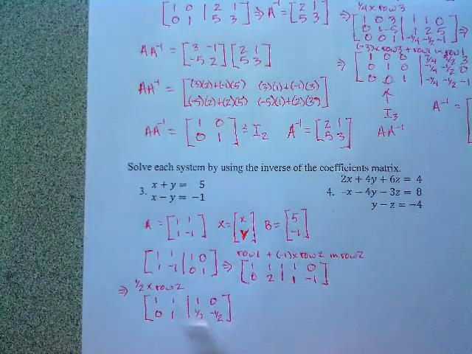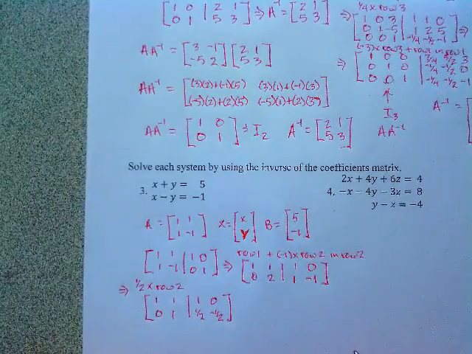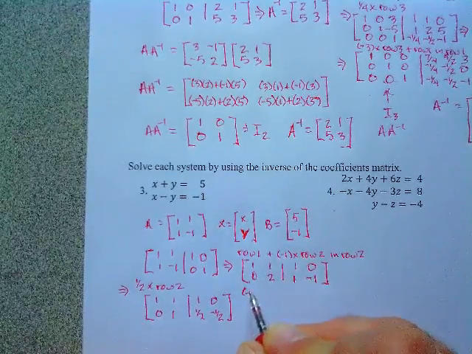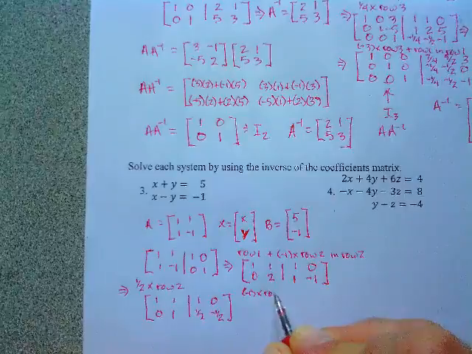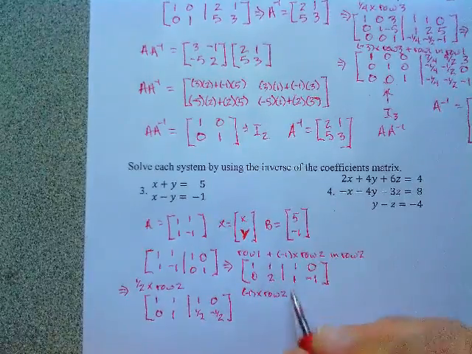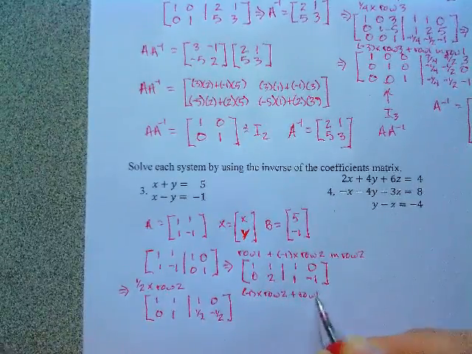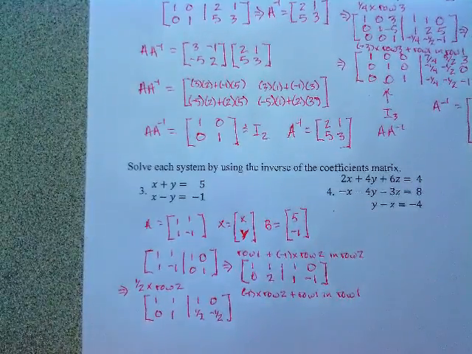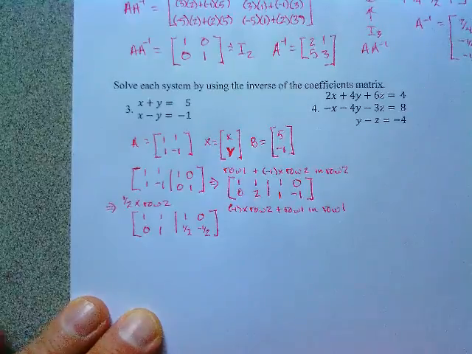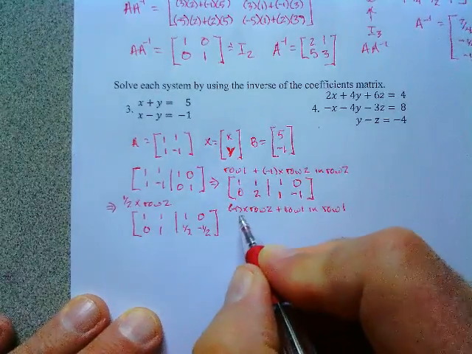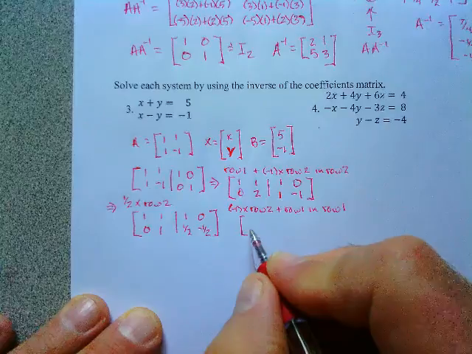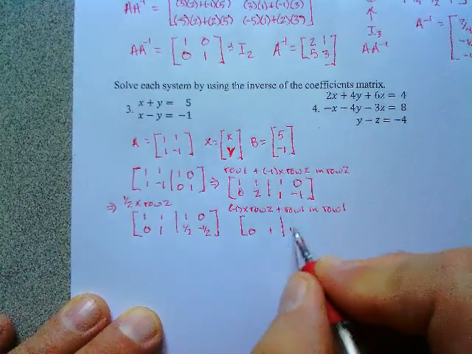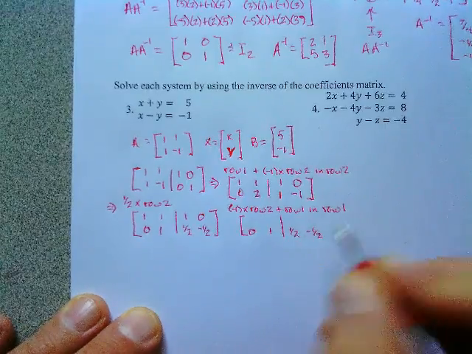Alright, so we want to get this one to be a 0. So we're going to do negative 1 times row 2 plus row 1 in row 1. Won't change row 2. 0, 1, 1/2, negative 1/2.